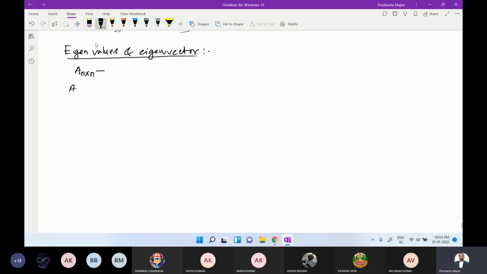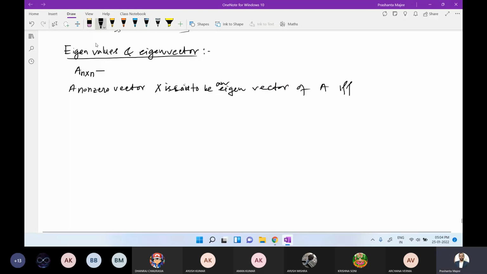So a non-zero vector x is said to be an eigenvector of A if and only if A x equals some lambda times x.